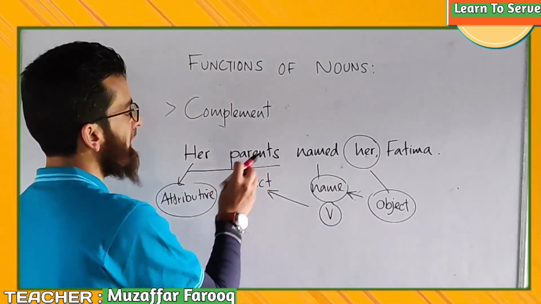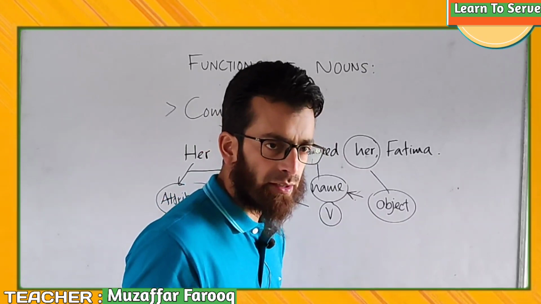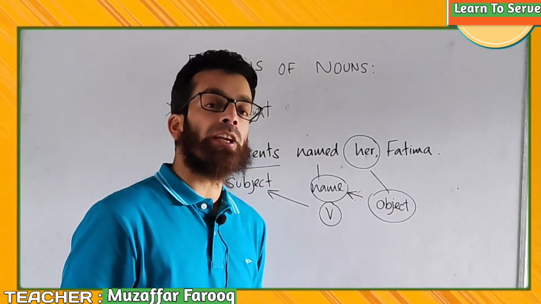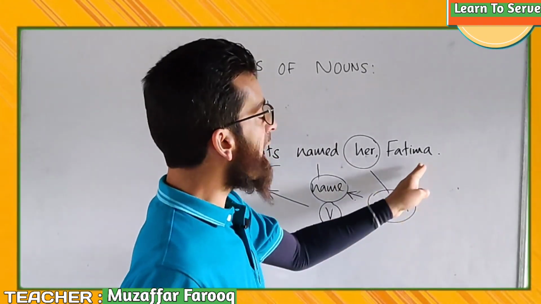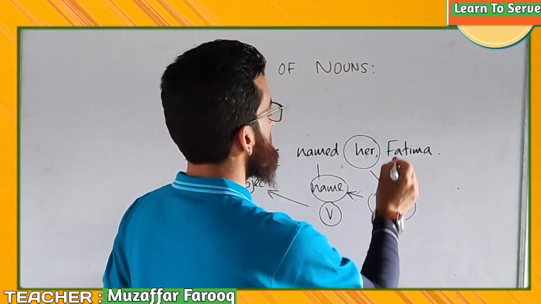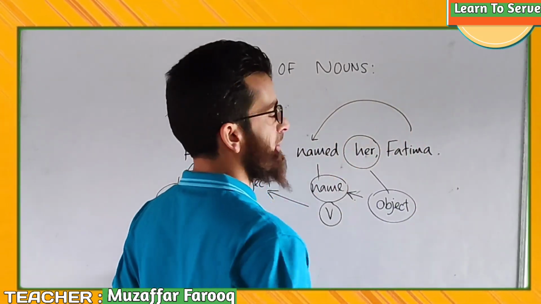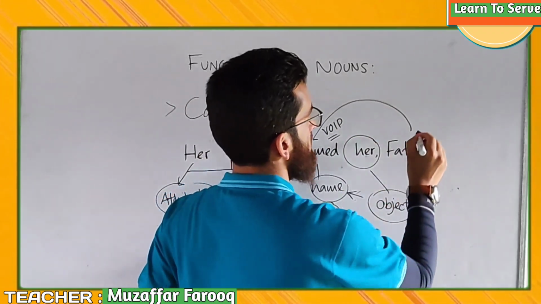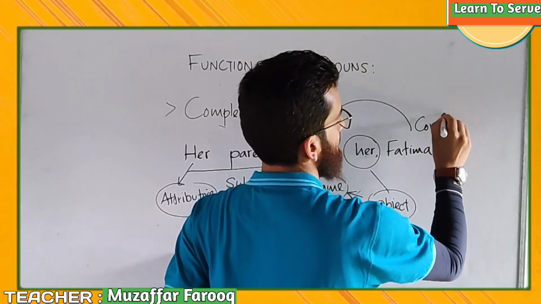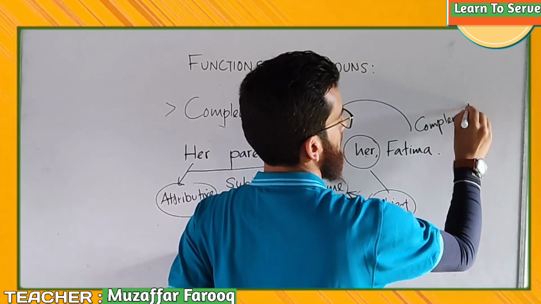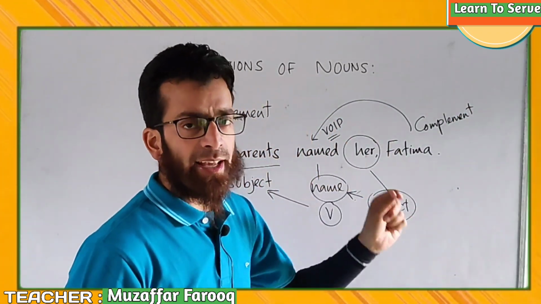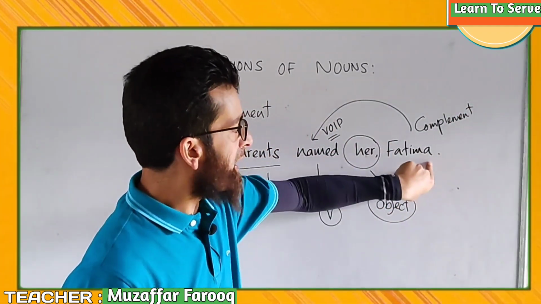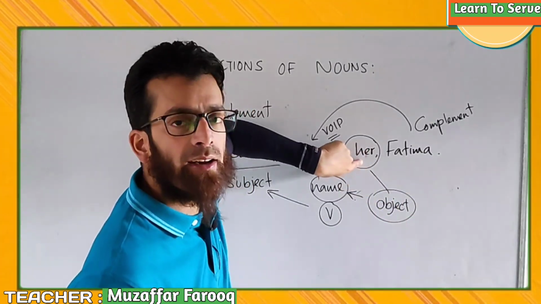But if I say her parents named her, that's it, it remains incomplete. But when I say Fatima, Fatima becomes the complement for this verb of incomplete predication. So this is a complement. But simultaneously, this Fatima defines her.